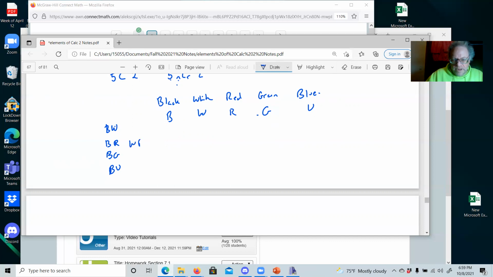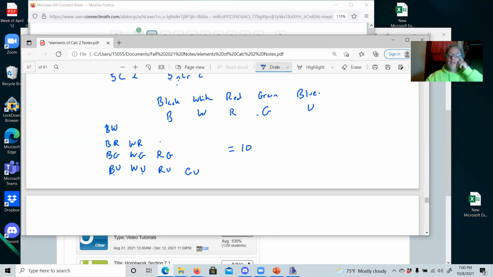And we have white red, white green, and white blue. Then we have red green, and red blue. And then we have green blue. Those are all the different ways to pick this if the order of the color doesn't matter. So there's 1, 2, 3, 4, 5, 6, 7, 8, 9, 10. There are 10 ways to do this.